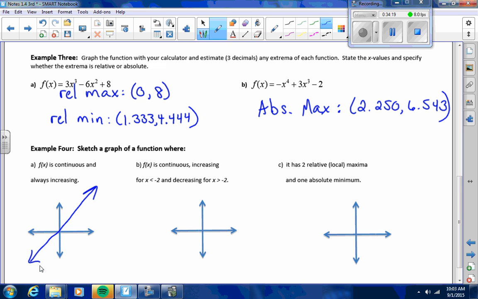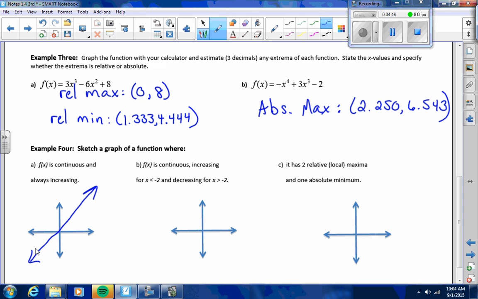The second one now I want you to try. The function is continuous. It's increasing for x values less than negative 2. And it's decreasing for x values that are greater than negative 2. Question? Remember, you're reading the graph left to right. You're always reading it left to right.